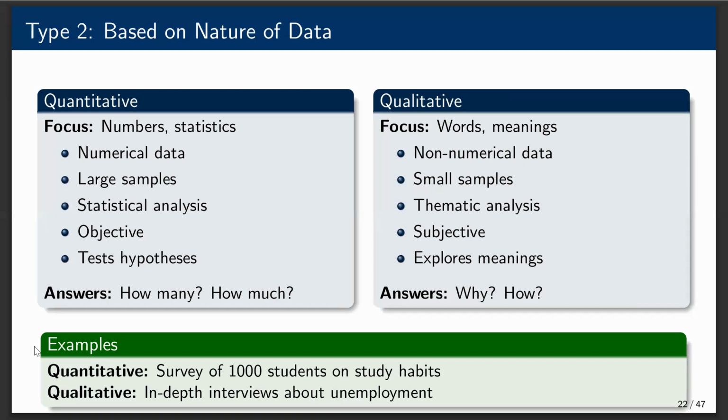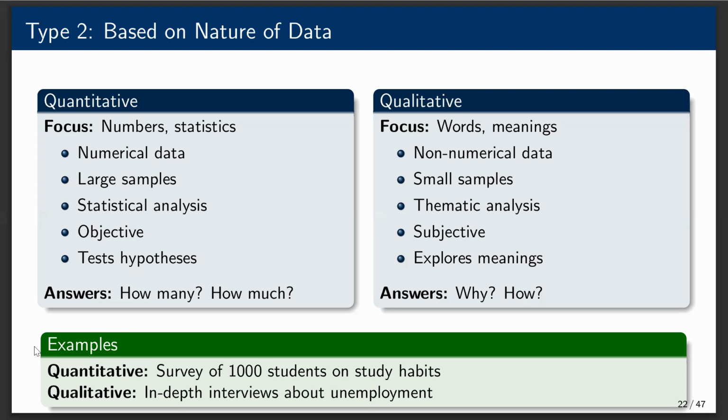Type 2, based on the nature of data. So there are 2 types of data. One is quantitative, second one is qualitative. Quantitative means the focus should be on numbers, statistics, numerical data, large samples, statistical analysis, objective, and it should test hypotheses.